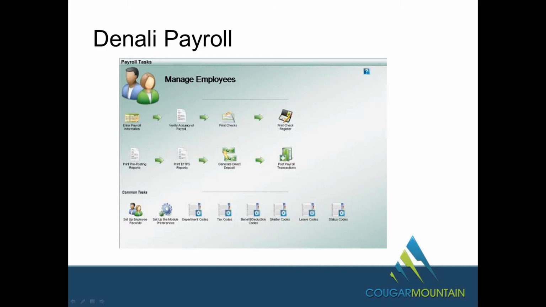Okay, Pam is asking, what will the voided check do to the history report on that individual? Yeah, when you void a check in Denali Payroll, it deducts those totals out because those totals were included in that check before, and it updates the year-to-date totals to not include those totals any longer because that check has now been voided.